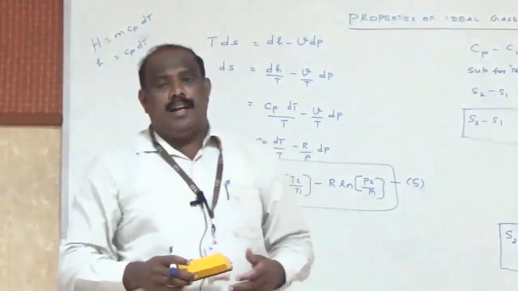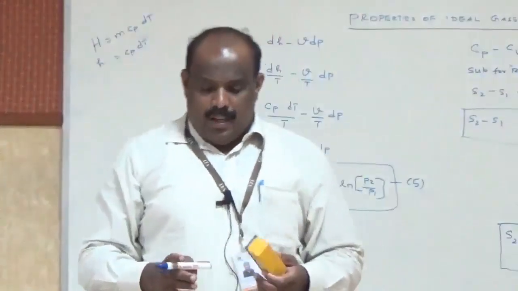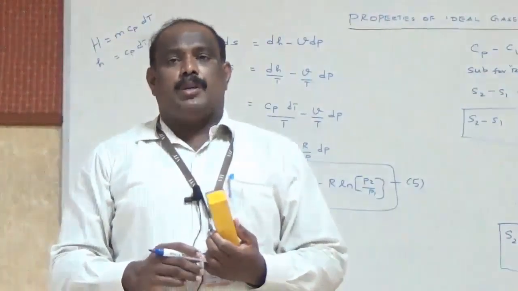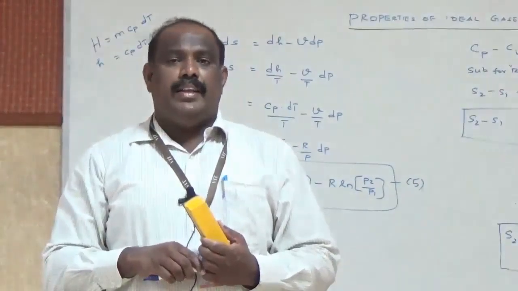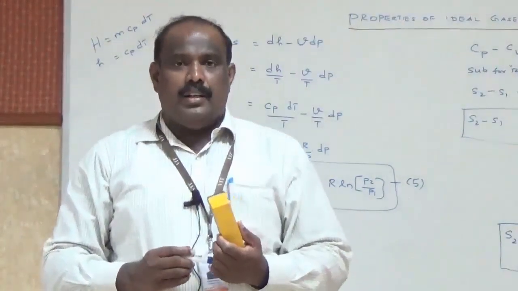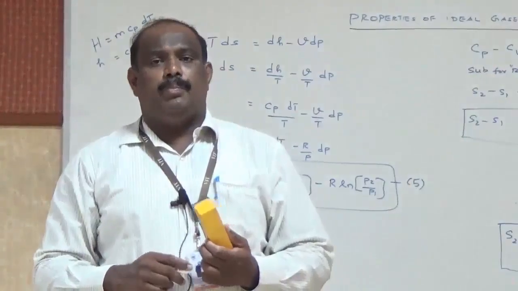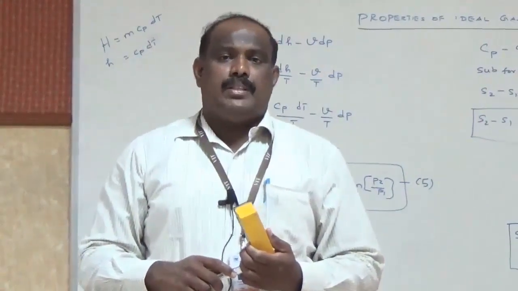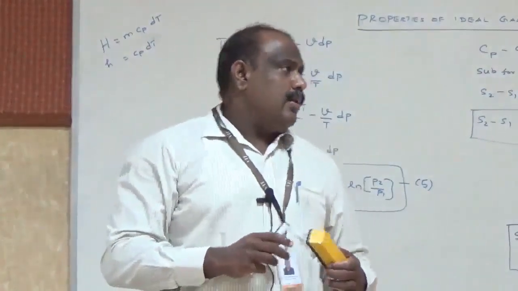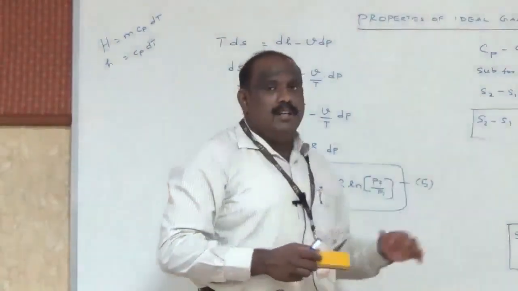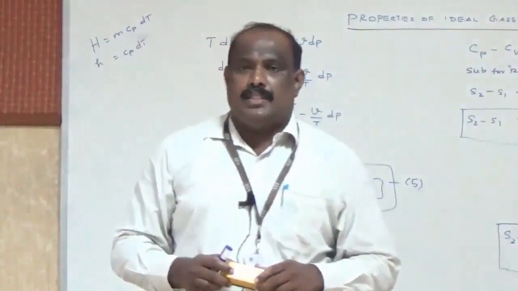In the next section, let us discuss Dalton's law of partial pressures, Avogadro's law of partial volumes, and how to find the equivalent gas constant, equivalent enthalpy, entropy, and other properties related to gas mixtures. So with this section, we are ending the individual gases. In the next section, we will continue with the mixture of gases. Thank you.